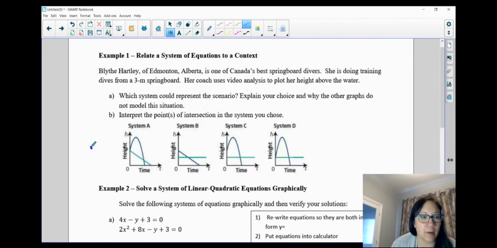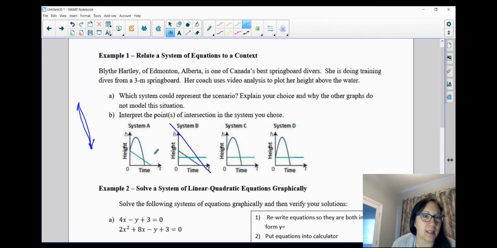Similar to even if you just threw a ball straight up, and it came straight back down, over time, it would look like this because over time it climbed higher and then it went lower over time. So I think we can right away eliminate system B because it doesn't show her motion of going up and then coming back down over time.